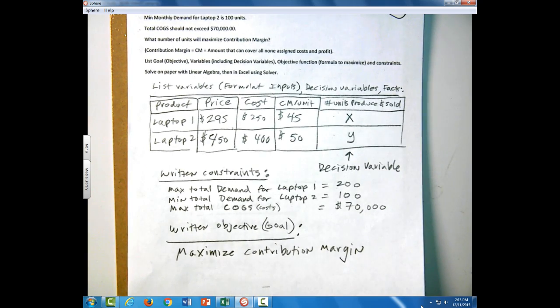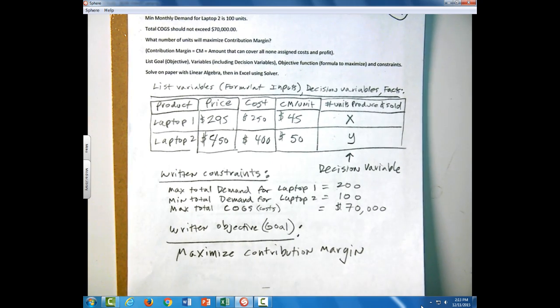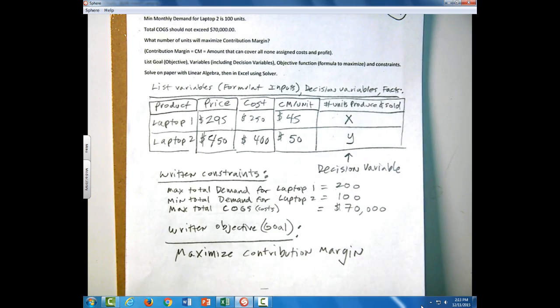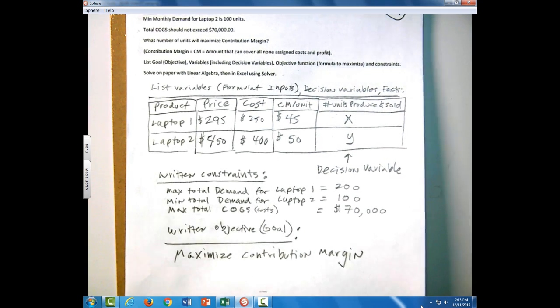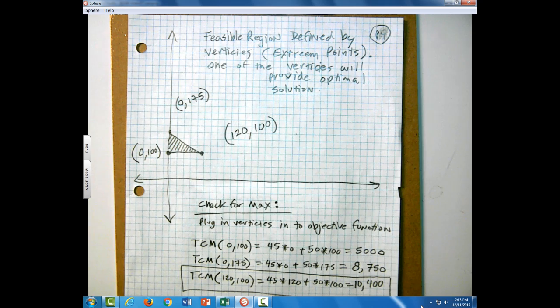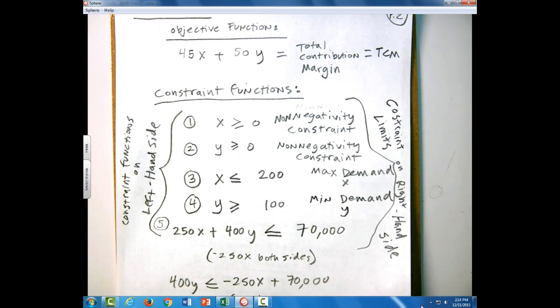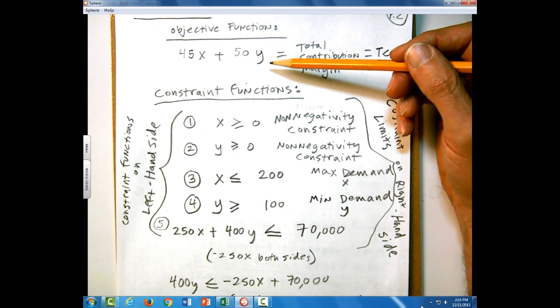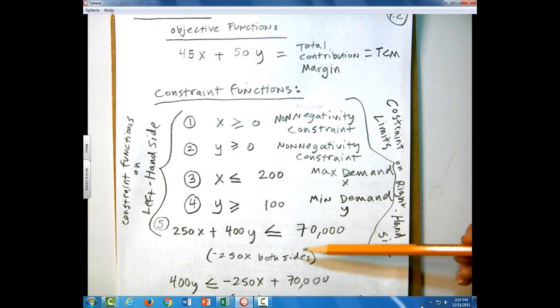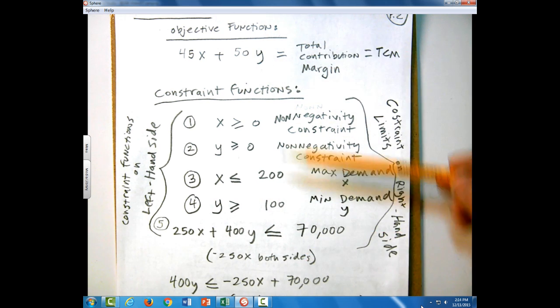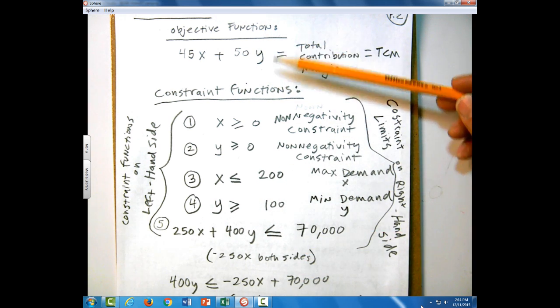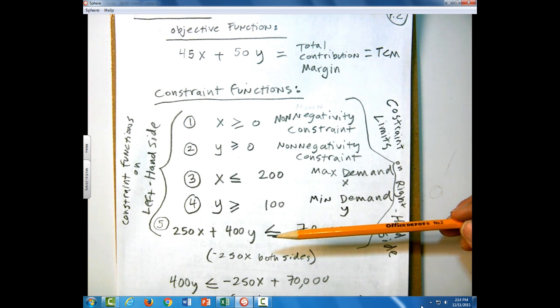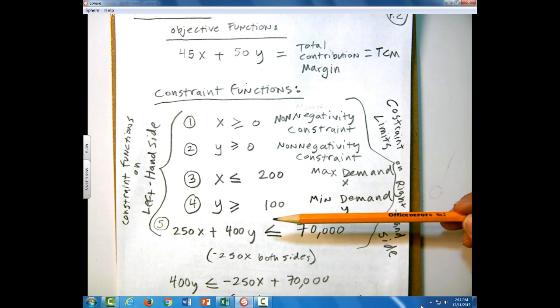All right, so when we're solving a problem like this, we want to be sure and define all of our variables, including our decision variable, understand our constraints and our goal. Then we want to make sure and write all of our functions, including the objective function and all the constraint functions. Now notice this is all math. We have to do all of this over in Excel also, but they will be Excel formulas.